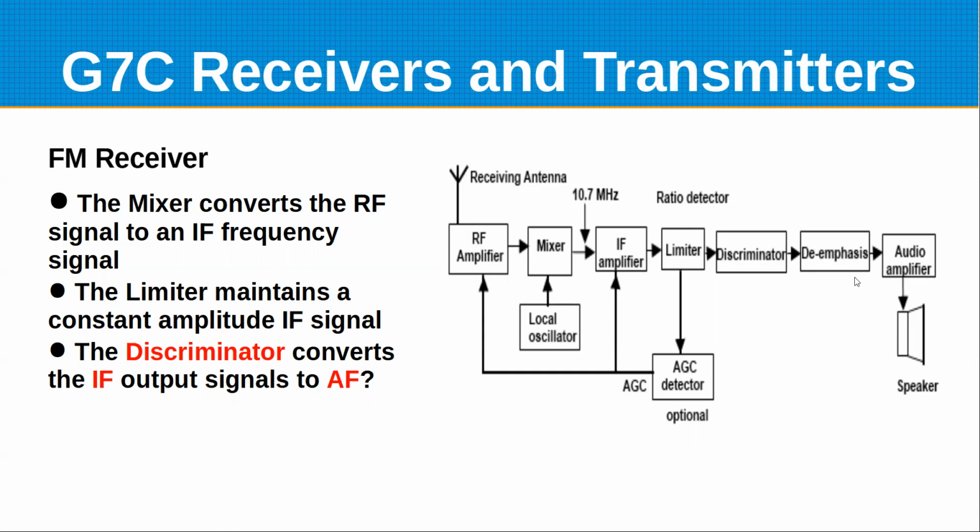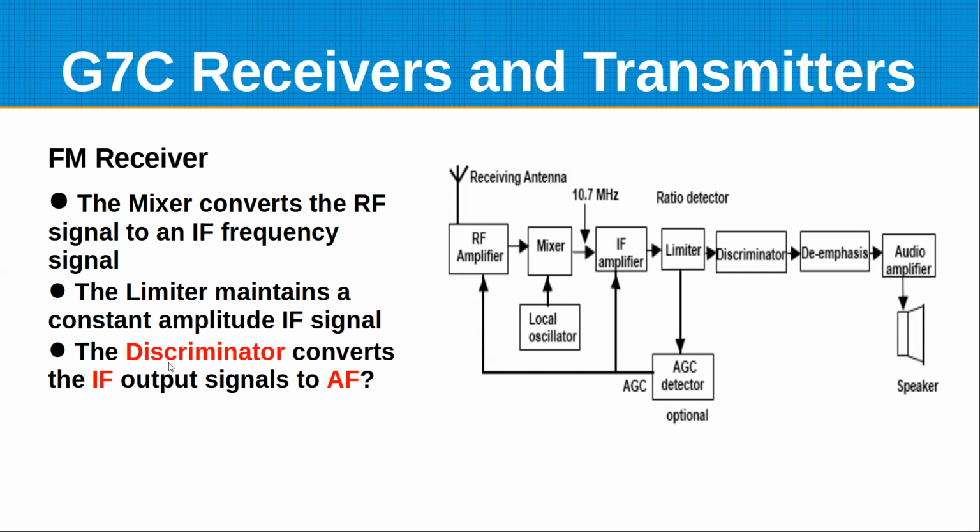And that's what the de-emphasis circuit does. If you're transmitting and changing between narrow band and wide band, I can imagine that would have to be different also. Oh yeah, a lot of this stuff has to change depending on the mode. And then we finally get it back to an audio signal and it comes out your headphones, your speaker, whatever.